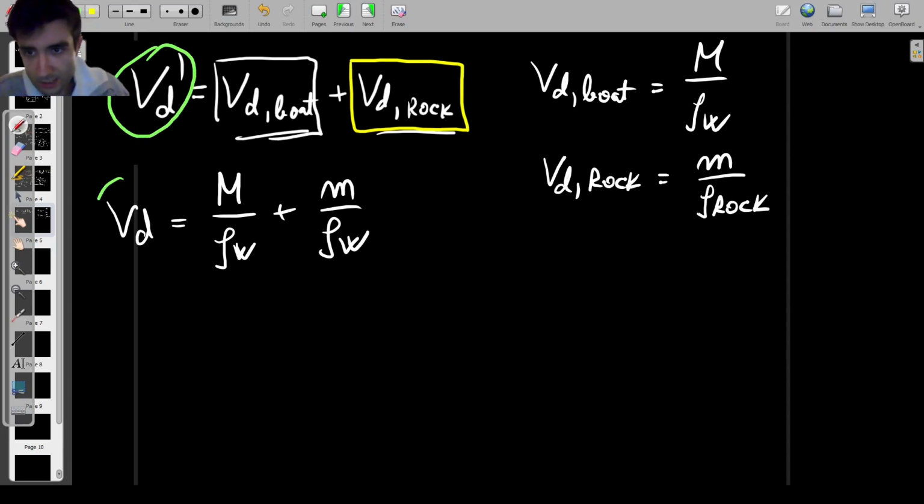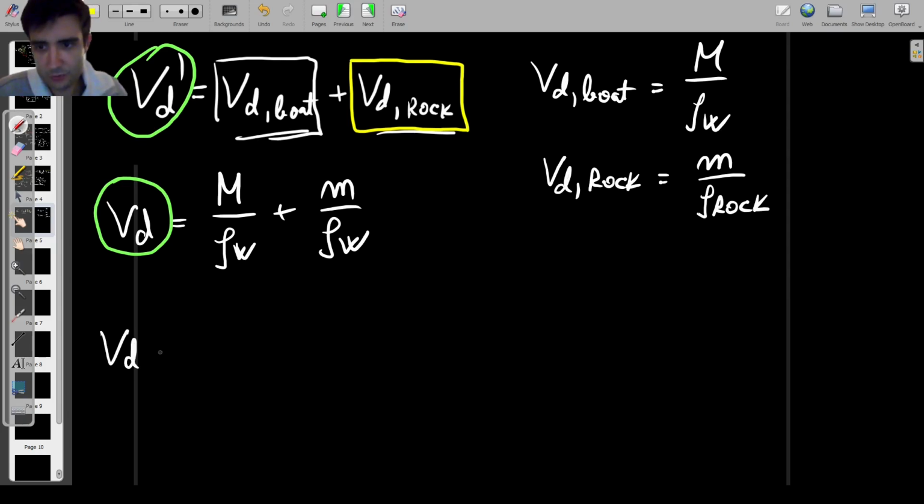So all we have to do now is just compare those two values, this one and this one here, and see which one is bigger, because whichever one is bigger tells us in which case there's more water that's displaced. Effectively it will tell us in which case the water level will be higher. Okay, so let's do it this way.